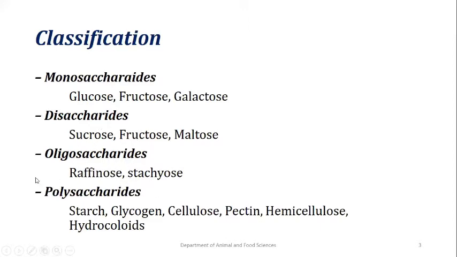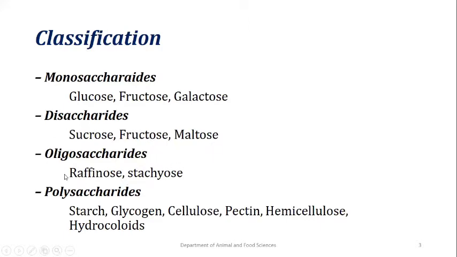So what is meant by oligosaccharides? In monosaccharides, there is only one monomer. Disaccharides are comprised of two monomers, two single units.